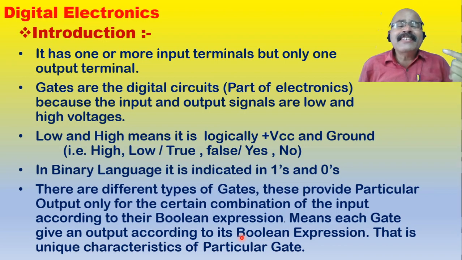The AND gate is used to perform multiplication. The Boolean expression of the AND gate is multiplication, and the Boolean expression of the OR gate is addition.